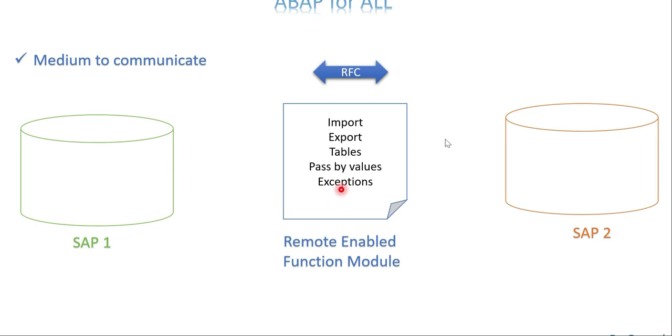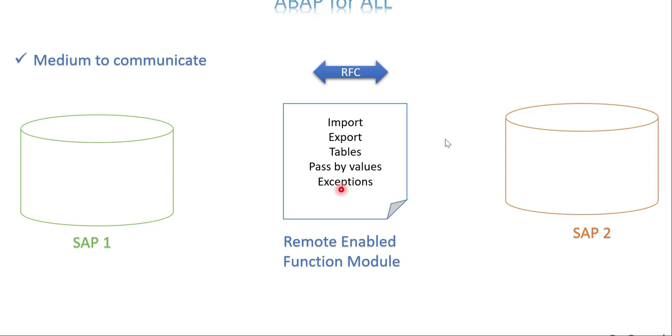One basic change between a normal function module and an RFC, a remote enabled function module, is pass by value. In a normal function module, you are able to pass the information through pass by value or pass by reference, call by value, call by reference.